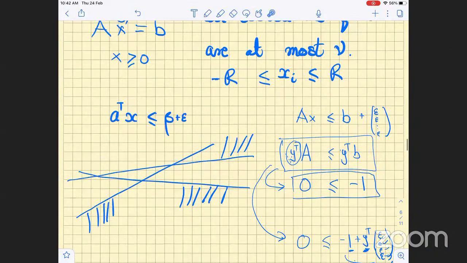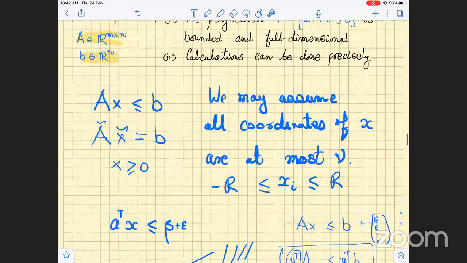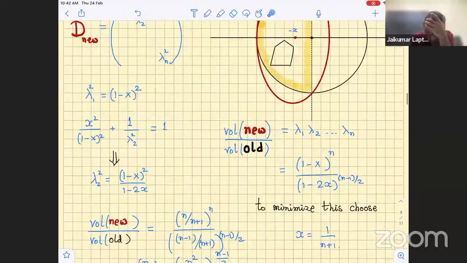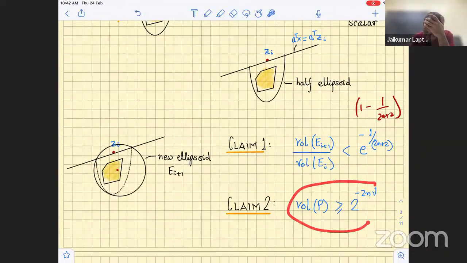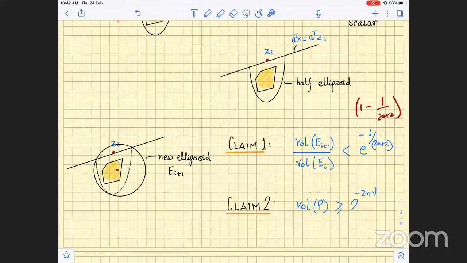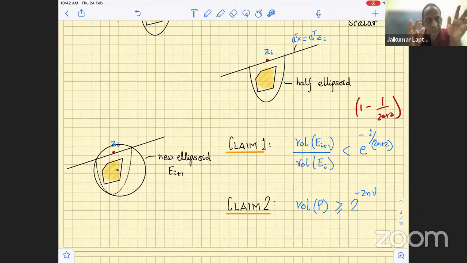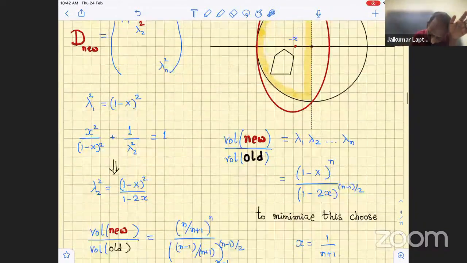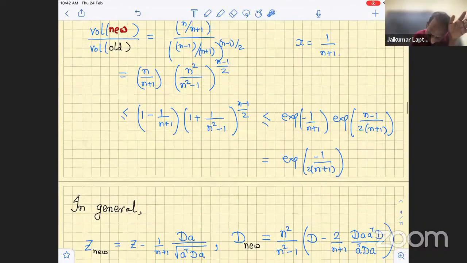So Jaikumar, I have a doubt. In claim 2, we said P has a certain volume also, right? Yes. If P is coming out of a system of inequalities where all entries are bounded, P will automatically have this volume, is what we proved. So we had the original system where the numbers were bounded, that is Ax less than or equal to b.